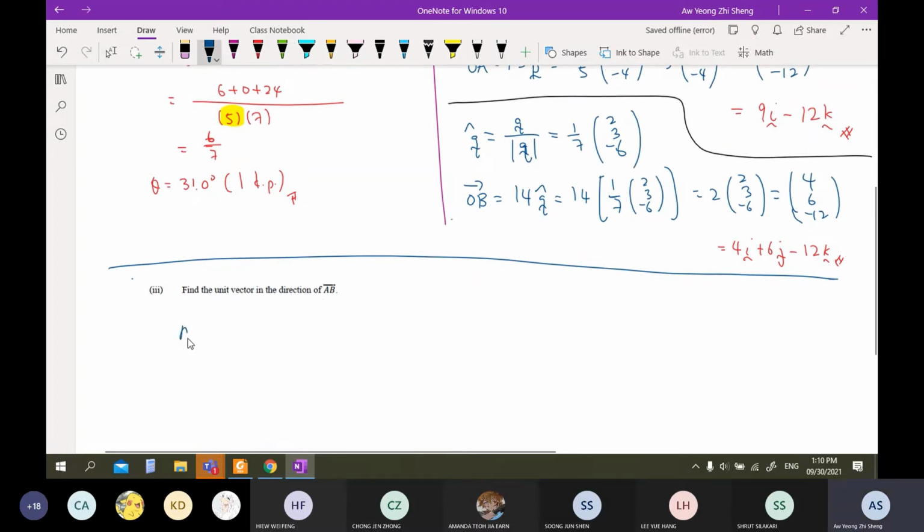So first you need AB, which is OB minus OA. OB is (4, 6, -12). OA, just copy from your previous steps.